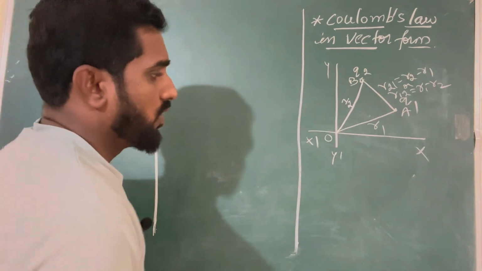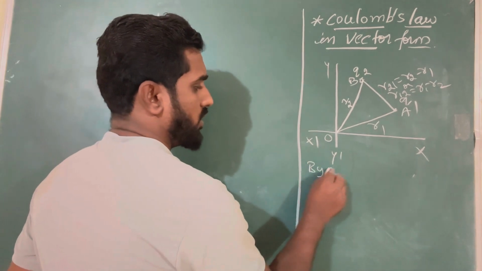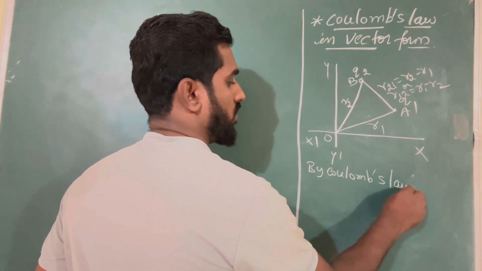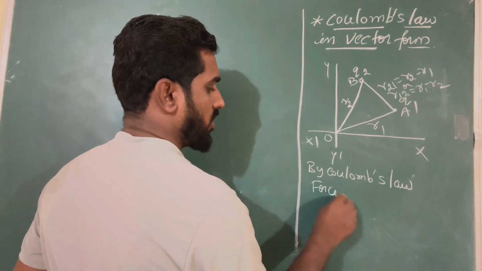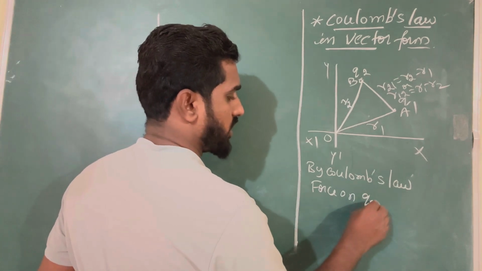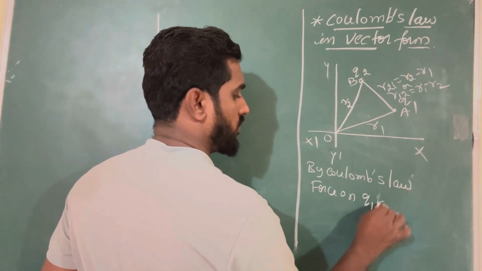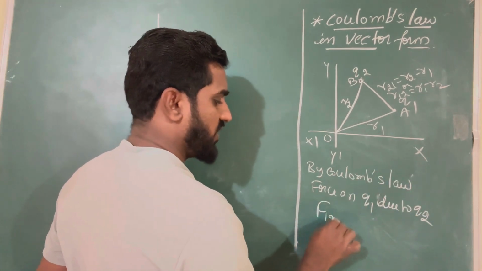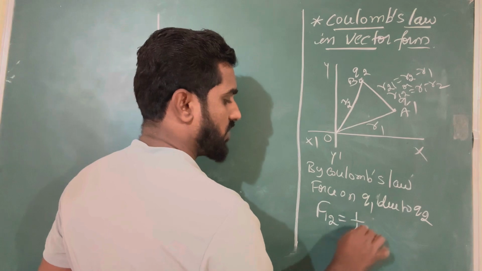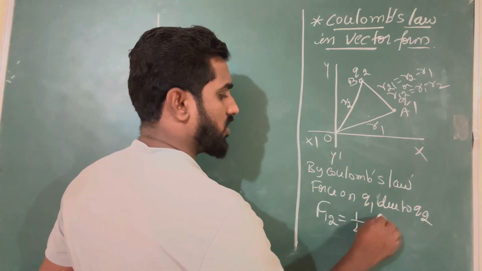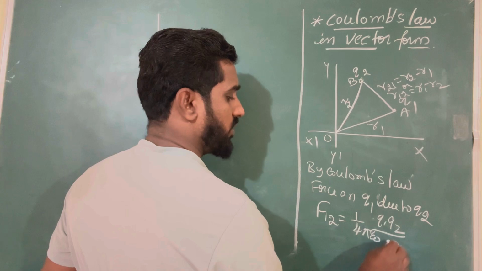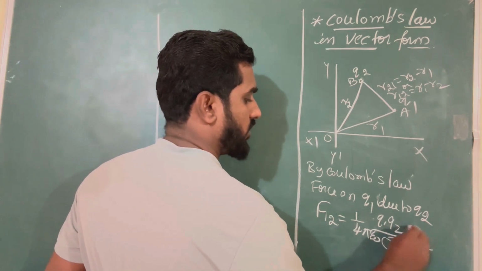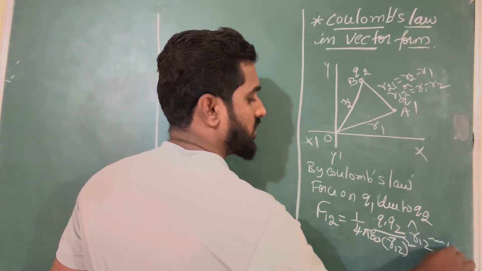Okay, so by Coulomb's law, the force on charge q1 due to charge q2 is given by F12 equal to 1 by 4 pi epsilon naught q1 q2 by r12 whole square into r12 cap. So this is equation number 1.